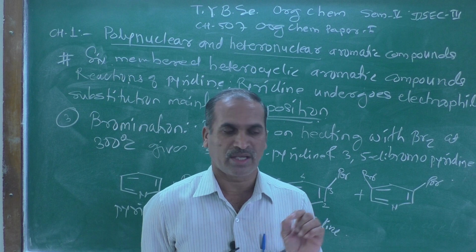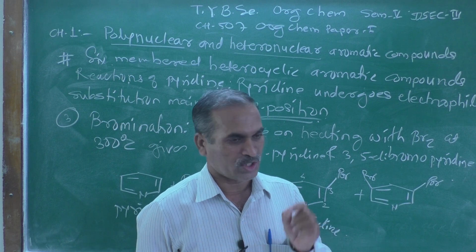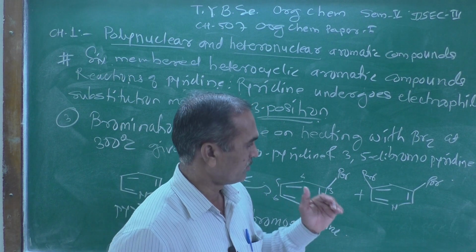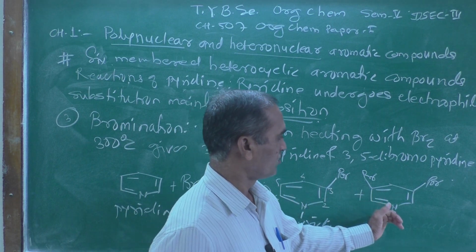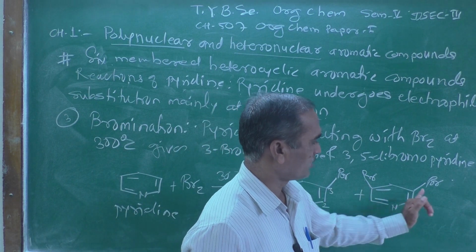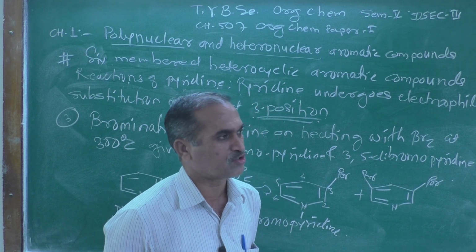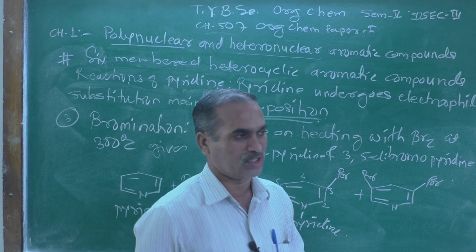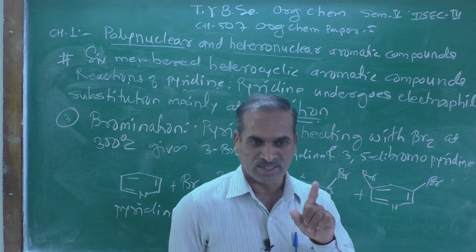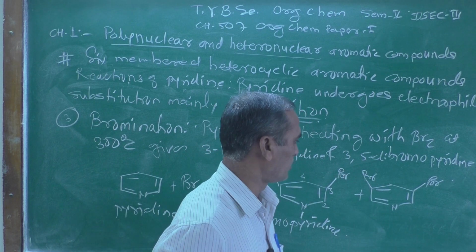It doesn't make any difference, because if you go this way or that way, the positions of the substituent, here the bromine atoms, will get the same numbers.